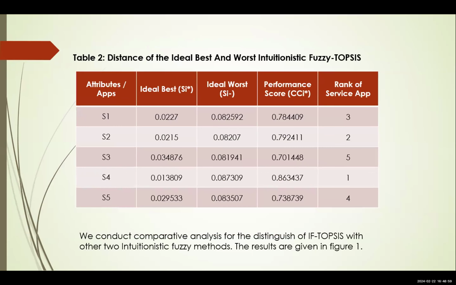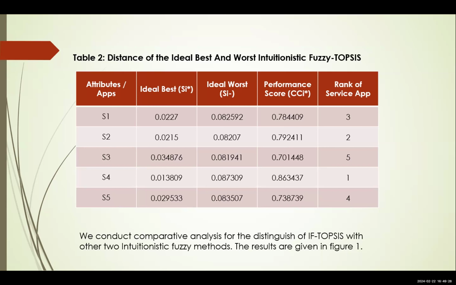And this is the distance-based, ideal best and ideal worst Intuitionistic Fuzzy TOPSIS model. In this model, we minimize the distance from the ideal best and maximize the distance from the ideal worst of the sentiment scores for getting the optimal performance score.